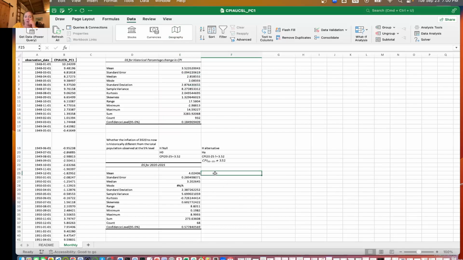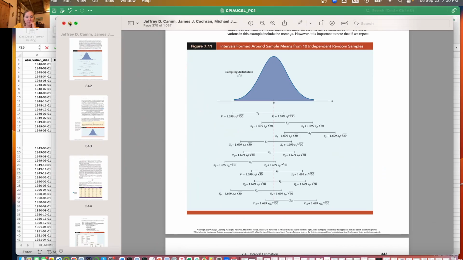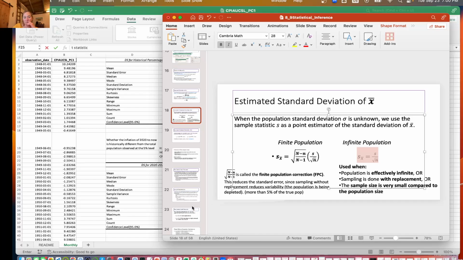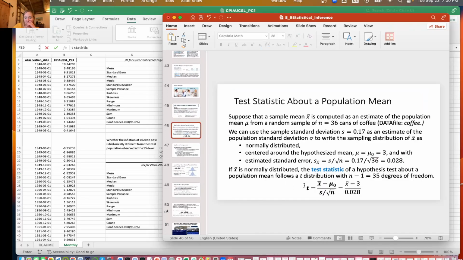Okay. So for us, we want to do the t-statistic, which is this idea of taking the actual sample mean that we observe, minus what we're testing, all over the standard error.